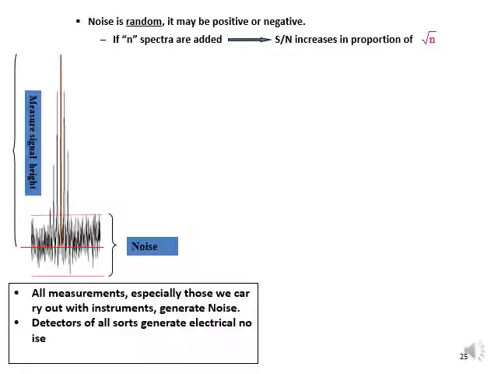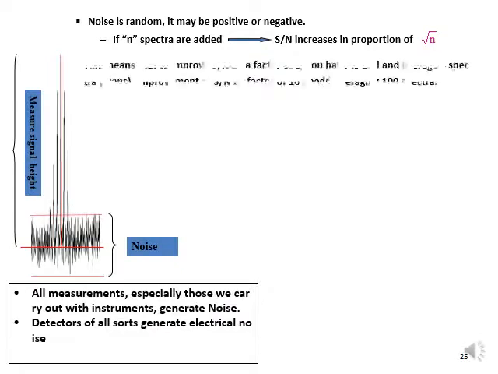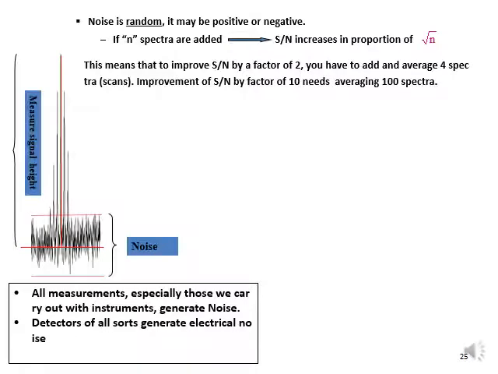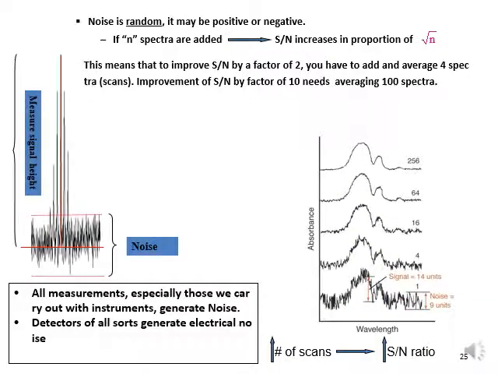Noise is always there and it's random, so it can be positive or negative. In this spectra, when you run one time, this is what you get.